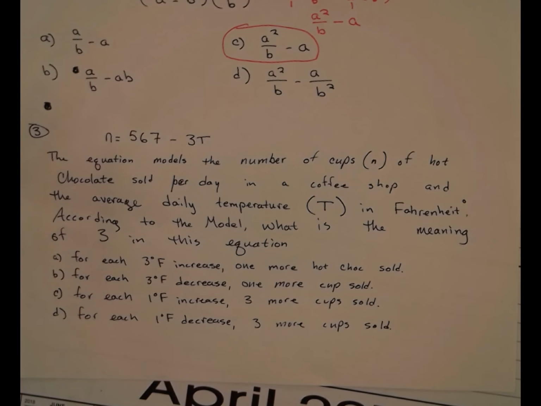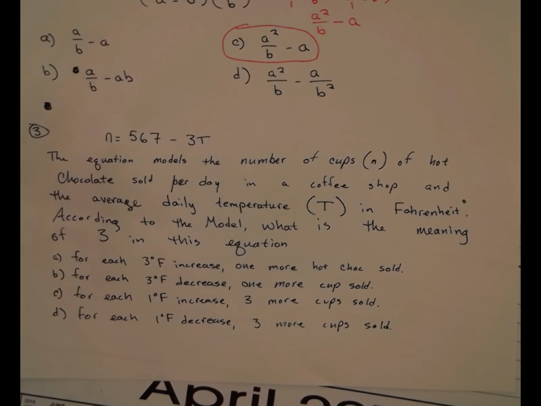N is equal to some big number minus 3T, where T is degrees in Fahrenheit and N is the number of cups of hot chocolate, and the question is, according to this model, what is the meaning of 3 in this equation?